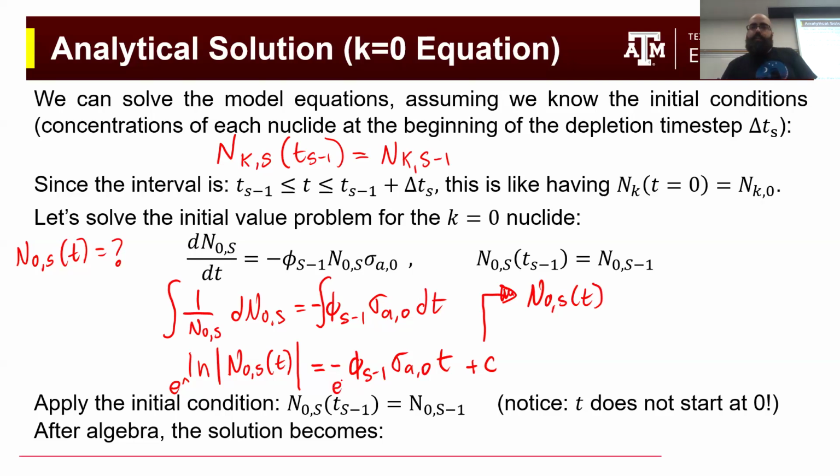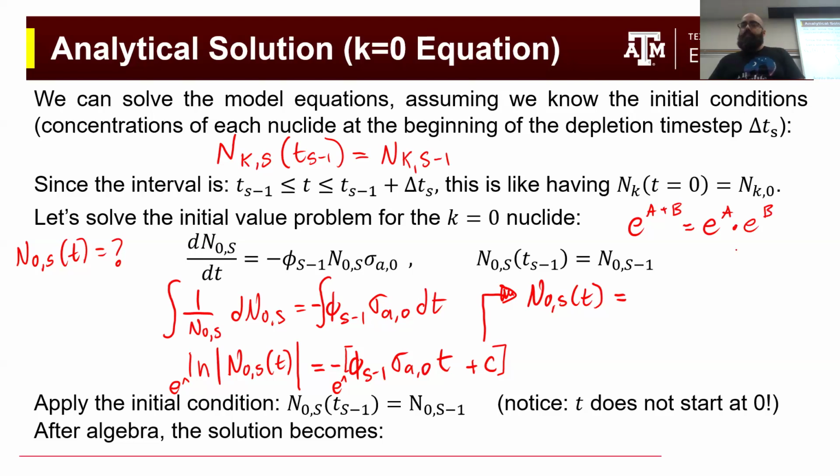And if I do e to the power of all of this, then on the right-hand side it's going to look like e to the a plus b. And if you want to think about properties of exponents, e to the a plus b is the same thing as e to the a times e to the b.